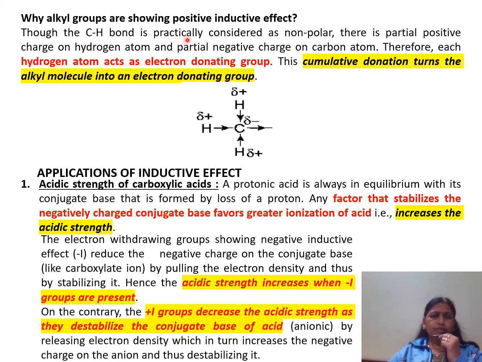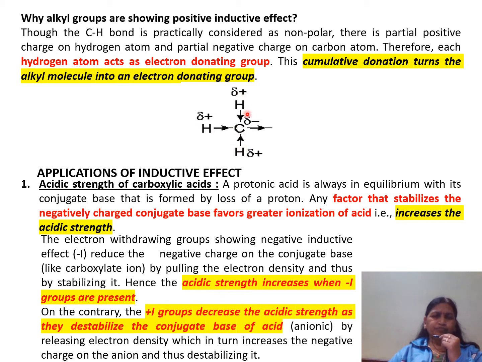Practically, the C-H bond is considered non-polar. But if we compare very small values, the difference in electronegativity of carbon and hydrogen shows that hydrogen is more electropositive than carbon. So hydrogen acquires a very slight partial positive charge, and carbon acquires a slight negative charge.